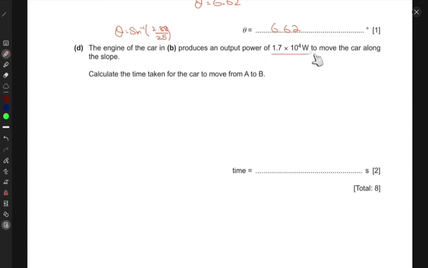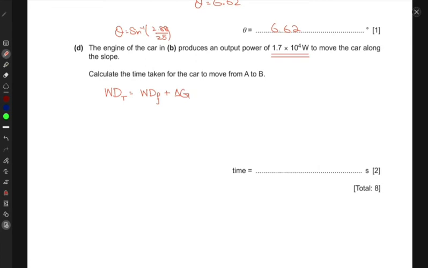Next part says that the engine of the car in part B produces an output power of 1.7 times 10 raised to power 4 watts to move the car along the slope. We want to compute the total time that it takes for the car to move through that distance from A to B. Now we have the output power, and we know that the total work done will be the work done against the frictional force and air resistance combined, the total resistive force, plus some gain in potential energy, because the car is moving up the slope and gaining height.